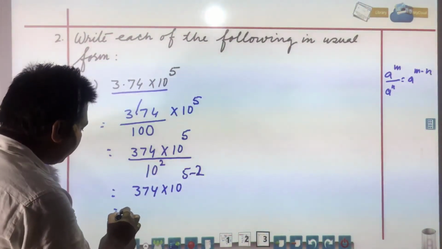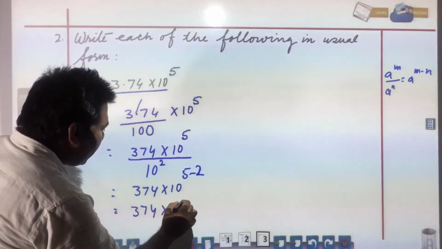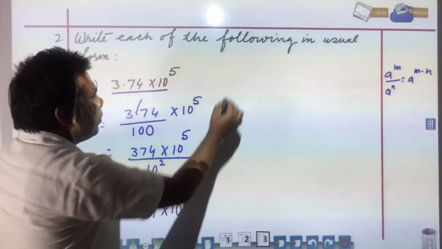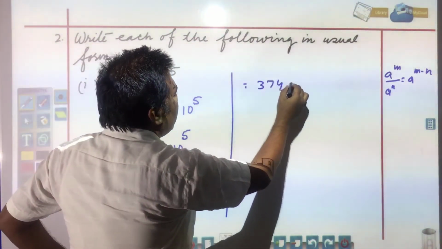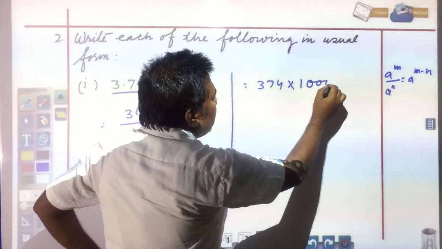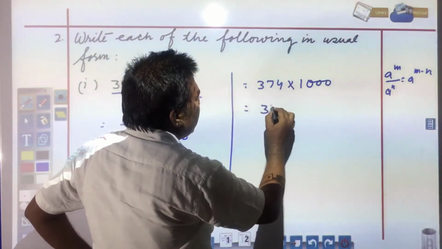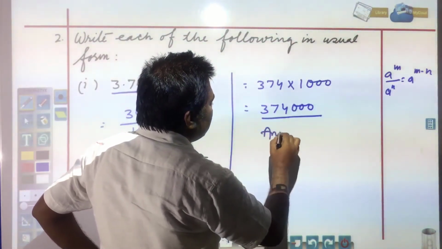So you got 374 into 10 to the power 3. It means 374 into 1000, and when you multiply, you will get 374,000. This will be your answer.